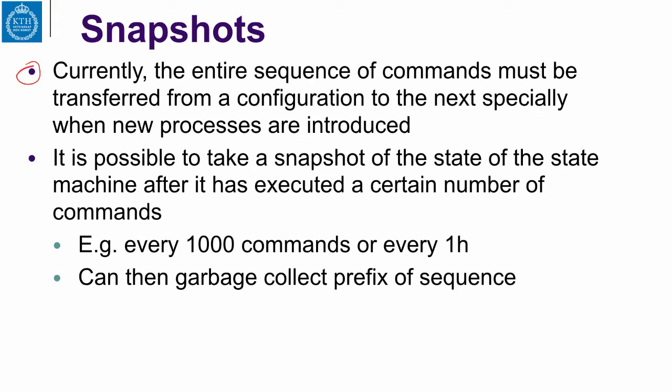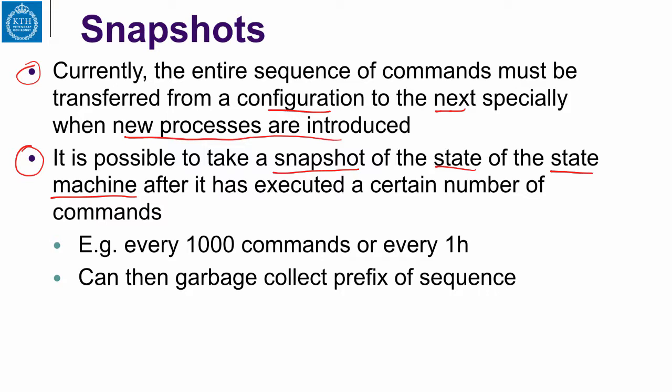So currently, the entire sequence of commands must be transferred from a configuration to the next one, especially when new processes are introduced. One possible way to avoid this is to compact the log or the sequence. And of course, you do this by basically taking a snapshot of the state of the replicated state machine.